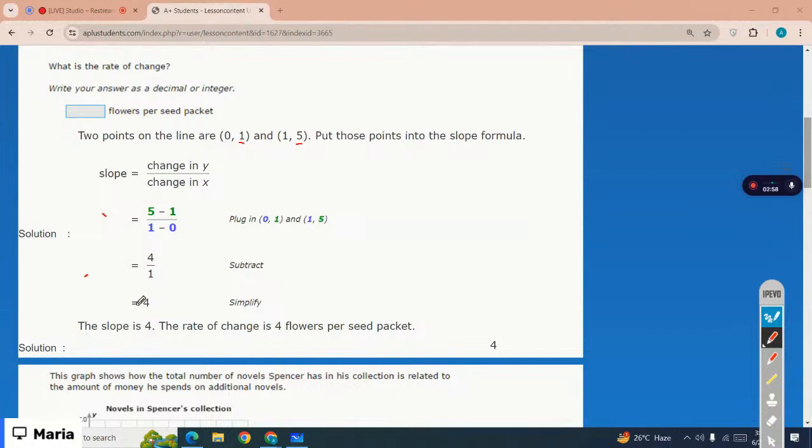That means the slope is 4. So the rate of change is 4 flowers per seed packet. Got it?